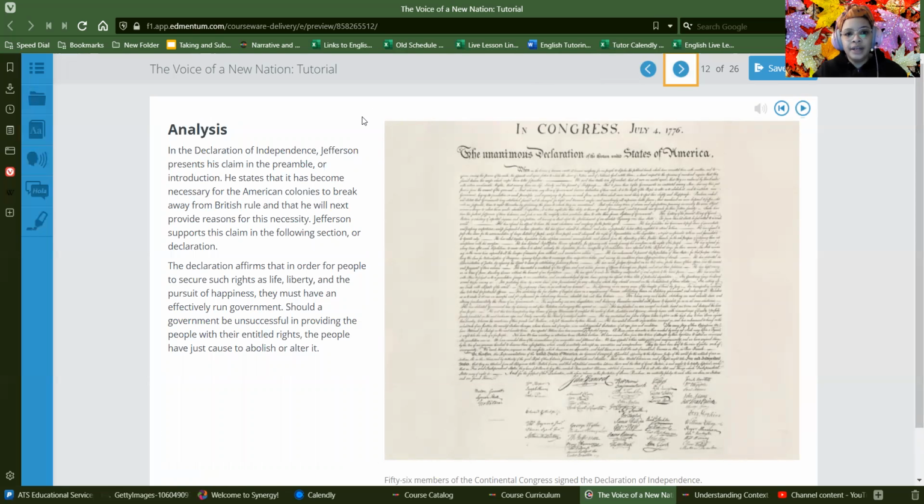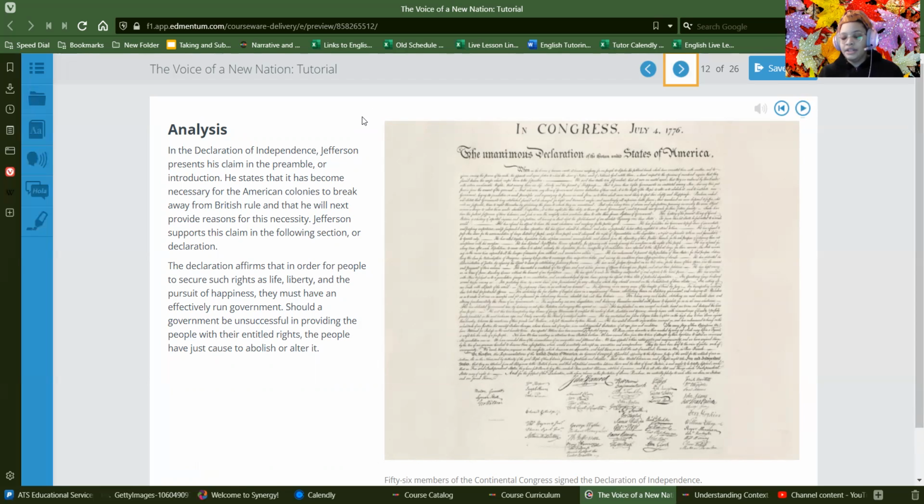So then I get into an analysis. The very first part of the analysis starts with the preamble, which basically just says that it's necessary for the American colonies to break away from Britain and that they're going to provide reasons for that necessity. And then he supports his claims in the actual declaration.